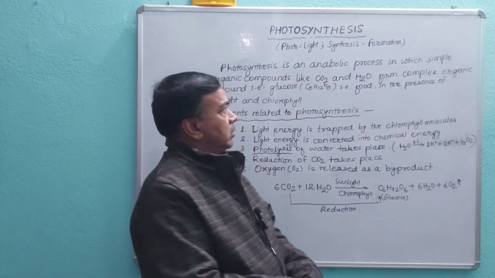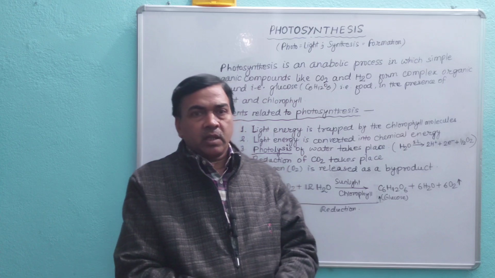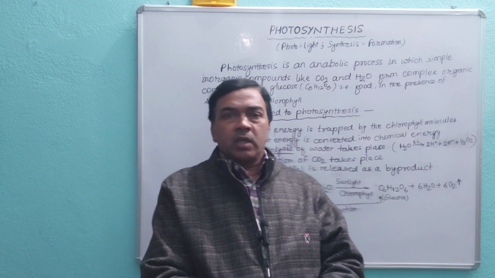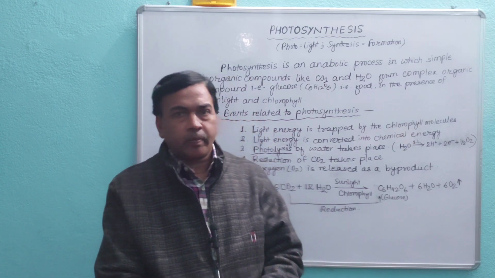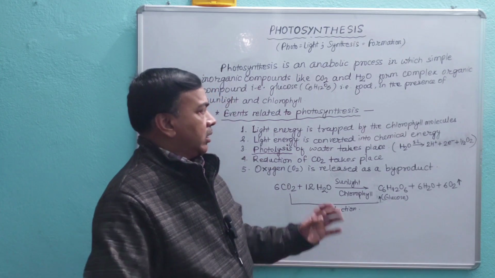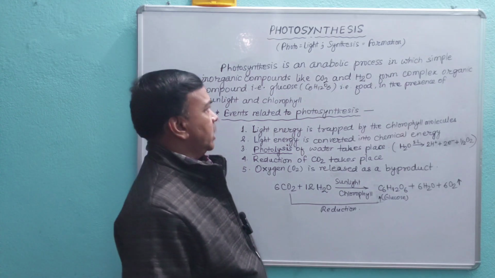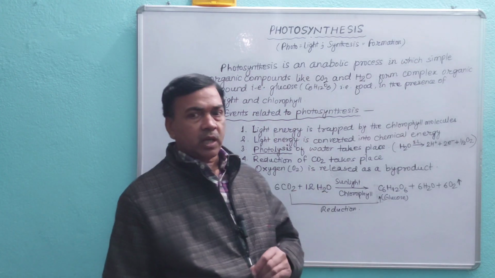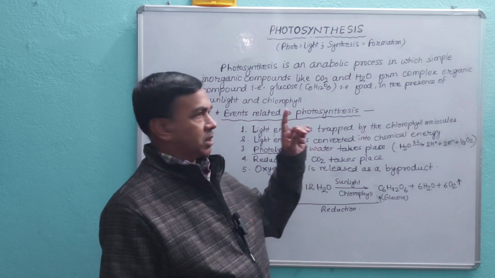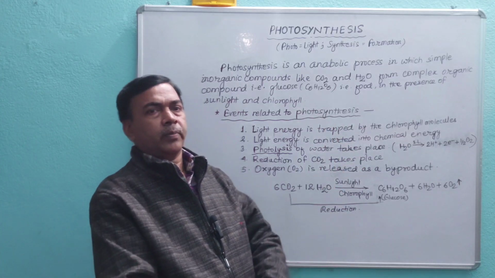Now we shall know the factors associated with photosynthesis. We can see here four factors are essential for photosynthesis: carbon dioxide, water, sunlight, and chlorophyll.